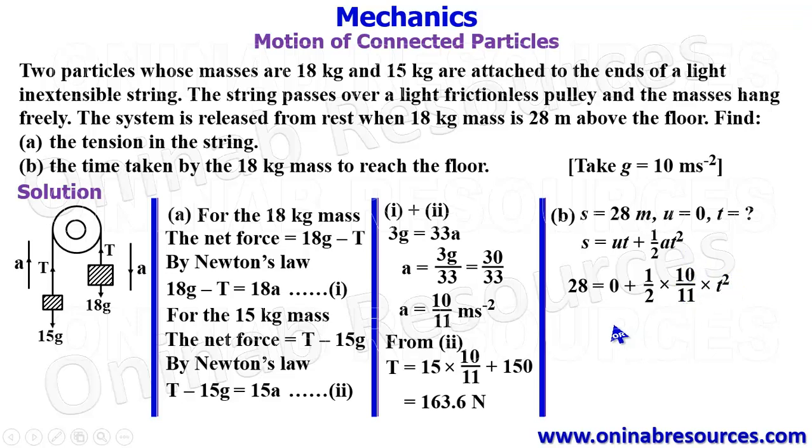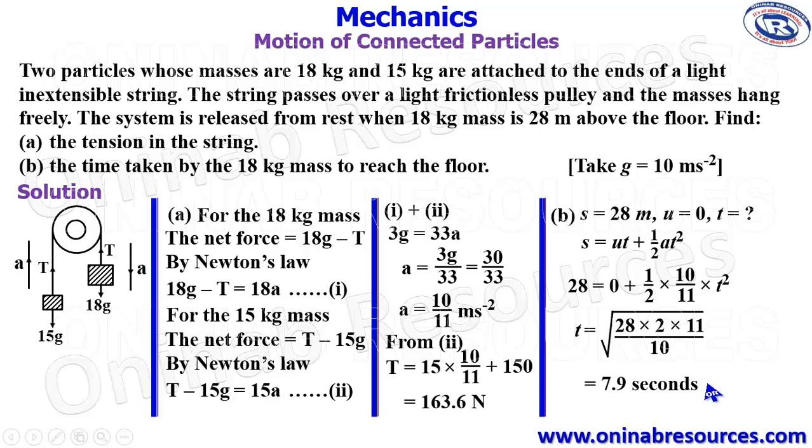If we make t the subject of the relation, we have the square root of 28 times 2 times 11, divided by 10. Inputting this in our calculator, we have the time to be 7.9 seconds, giving us the time taken by the 18 kilogram mass to reach the floor from a height of 28 meters.